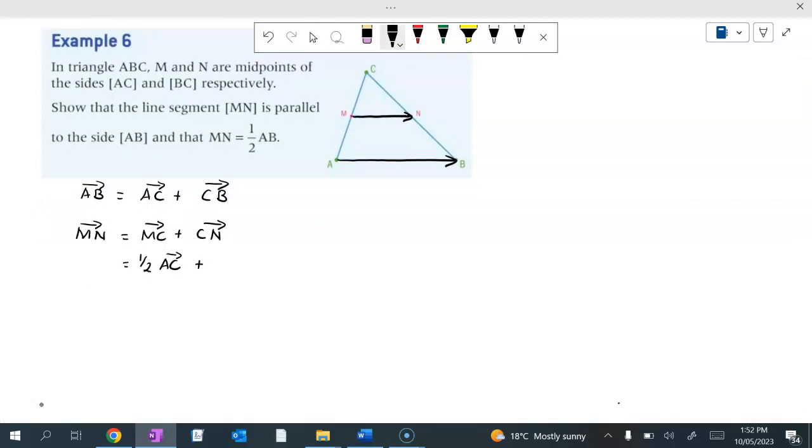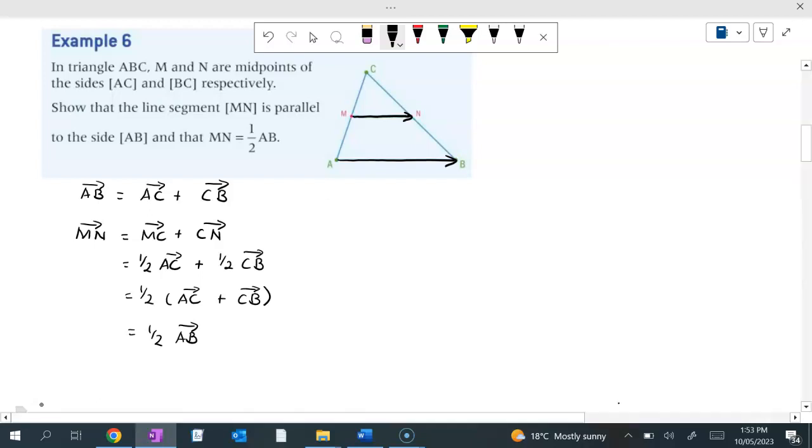And CN is half of CB. And so then I can take out a half as a common factor. There's rules which allow me to do that with vectors. So it's a half of AC plus CB. Well, AC plus CB is just AB. So MN is a half AB. So then one is just a scalar multiple of the other.